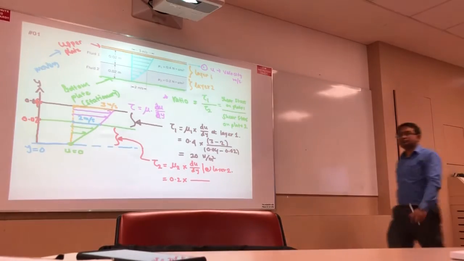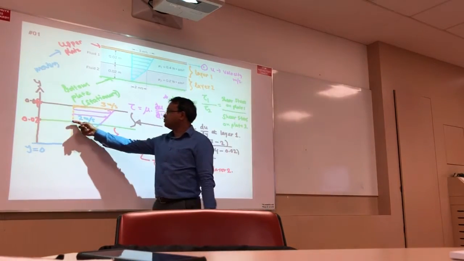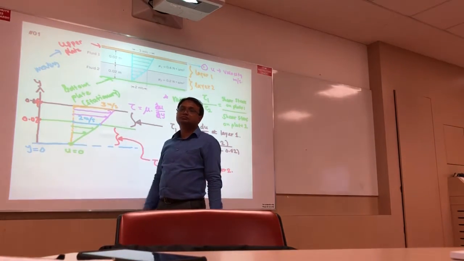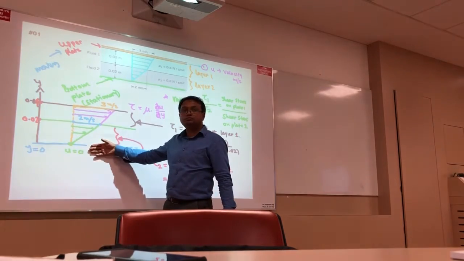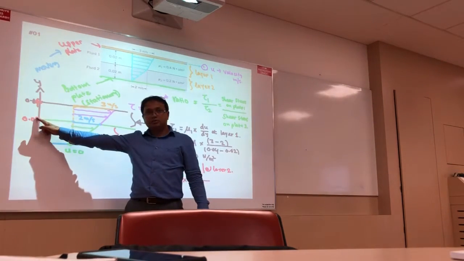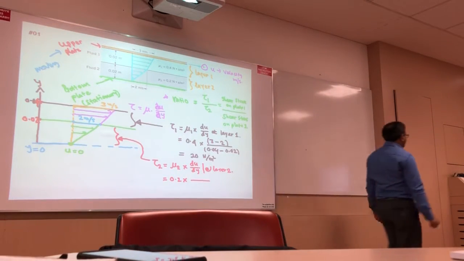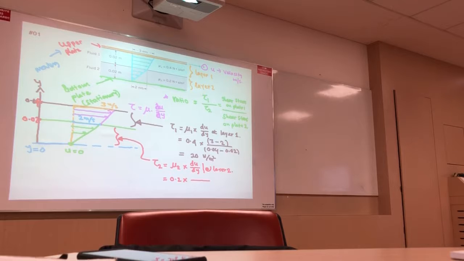What is the maximum at layer 2? 2, right? What is the minimum? 0. So 2 minus 0, right? What is dy at layer 2? Here is 0.02. Here is 0. Then I can write, this becomes 2 minus 0 over 0.02 minus 0. Then I can get tau 2 becomes 20 Newton per meter square.